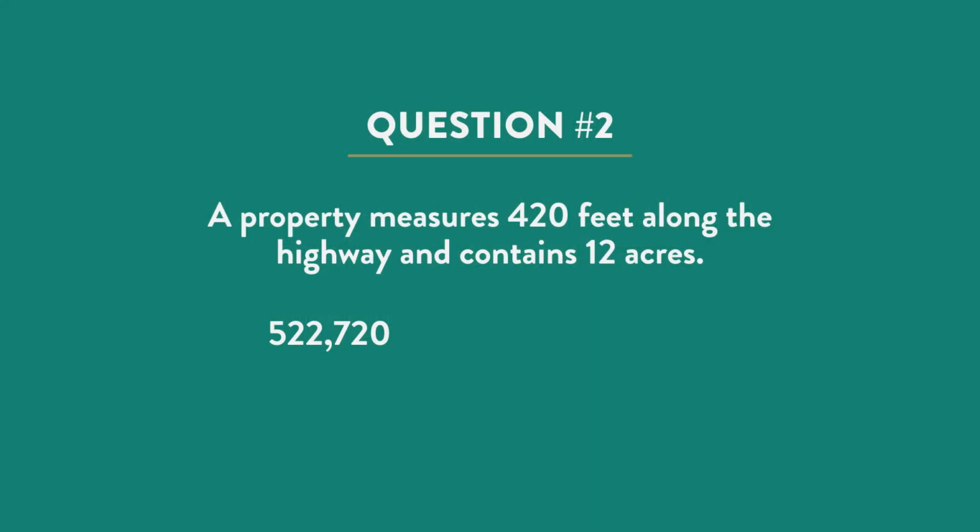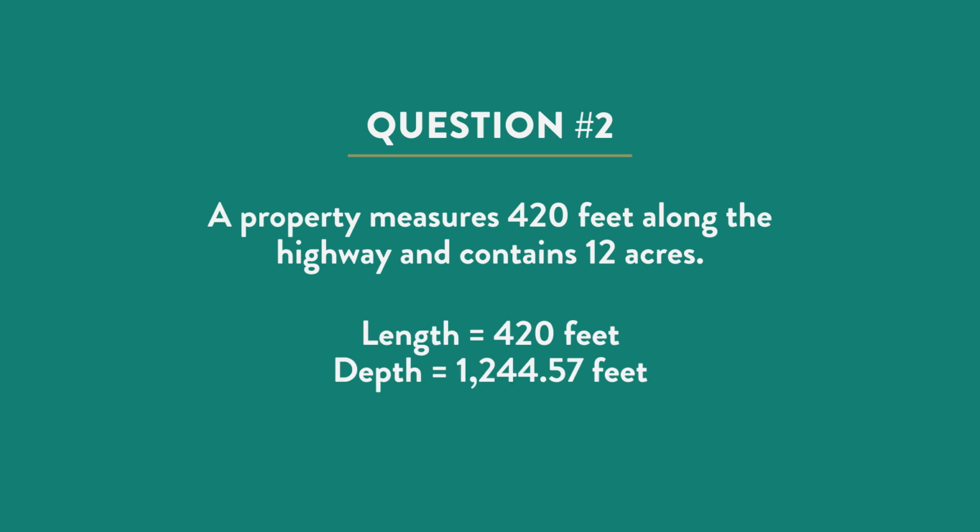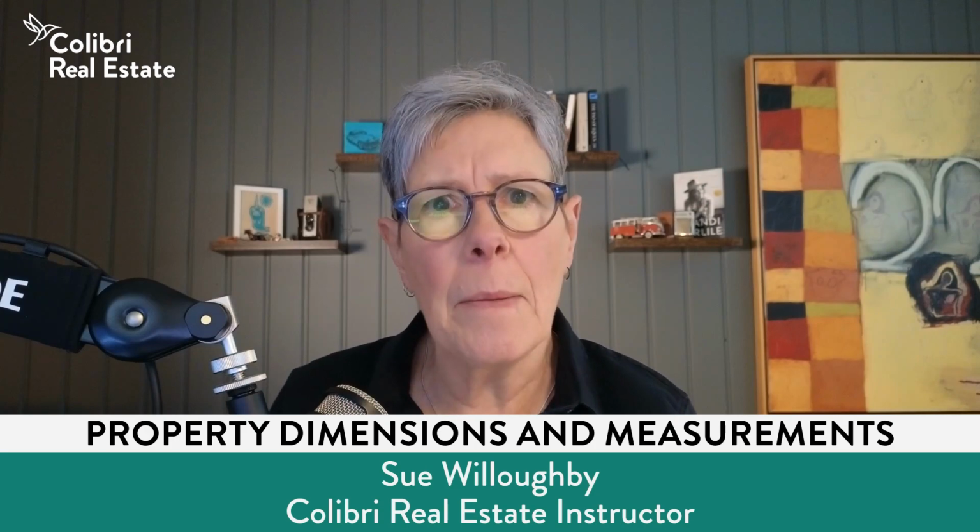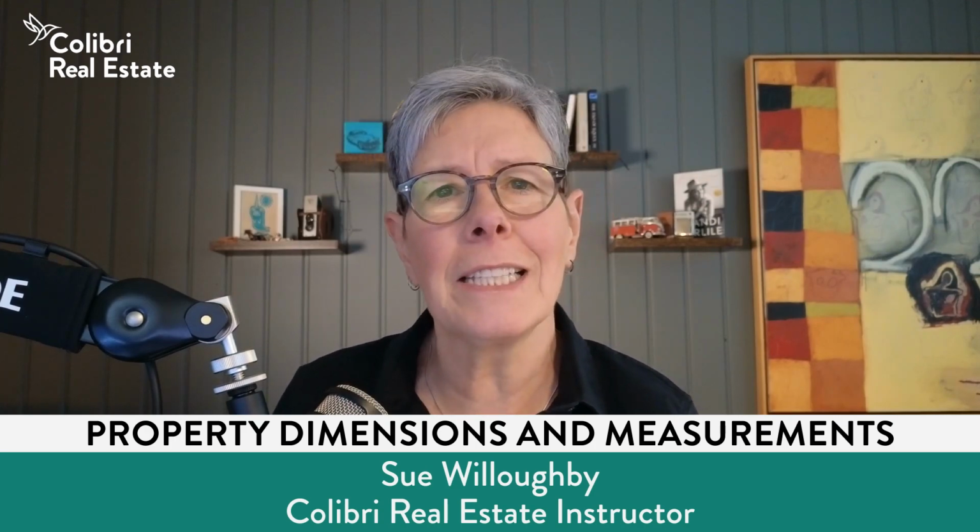So we've got 522,720 divided by 420, and that will bring us down to 1,244.57. That will be the other parameter of this area. So it's 420 feet by 1,244.57 feet. That's a lot of math, but hang in there, it gets easier.